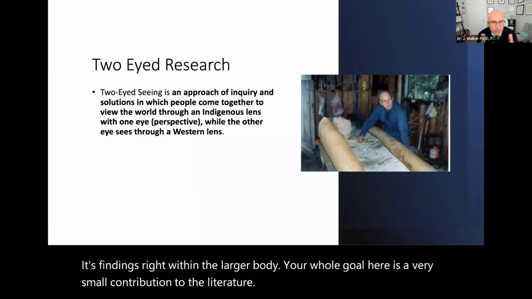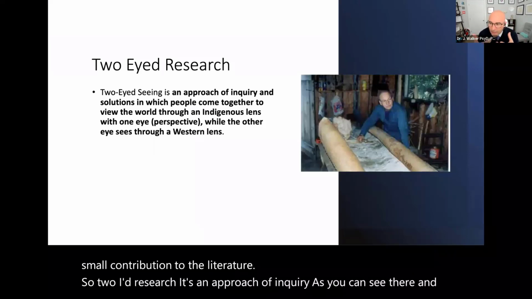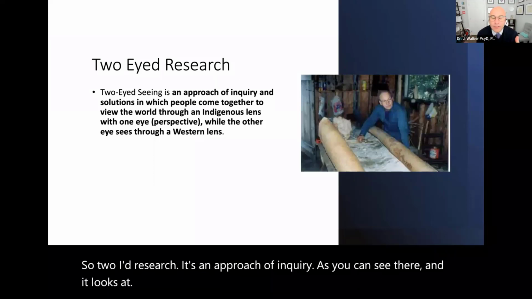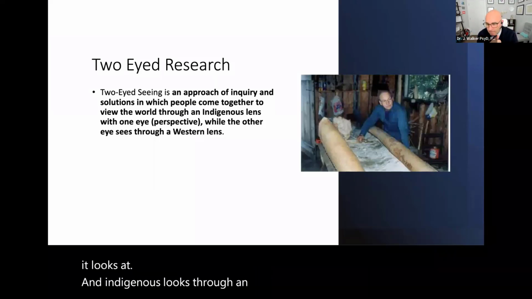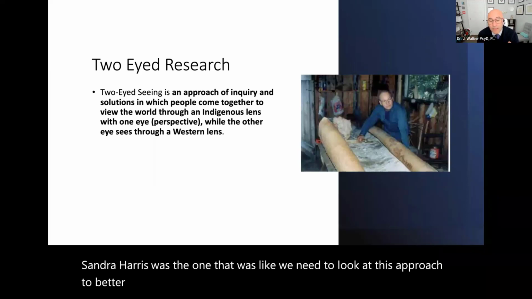So two-eyed research, it's an approach of inquiry, as you can see there. And it looks through an Indigenous lens. Sandra Harris was the one that said, we need to look at this approach to better understand through an Indigenous way of being what we're looking at.